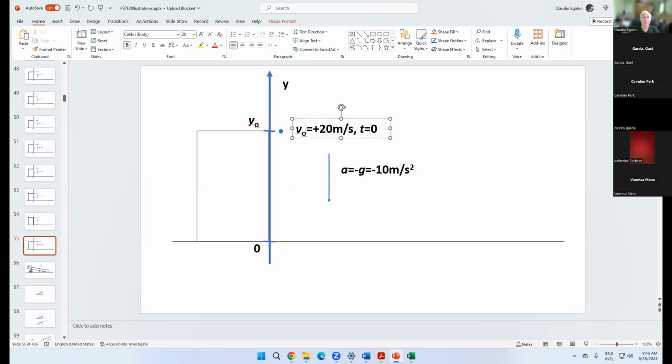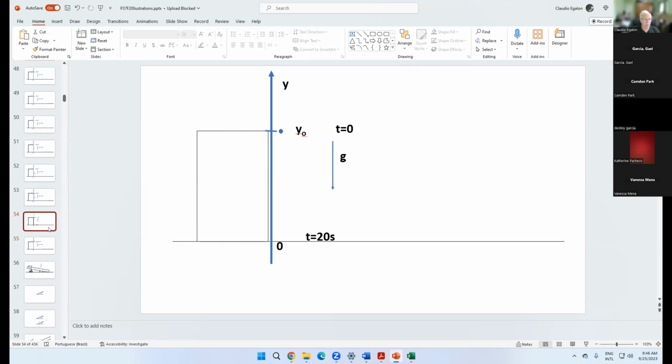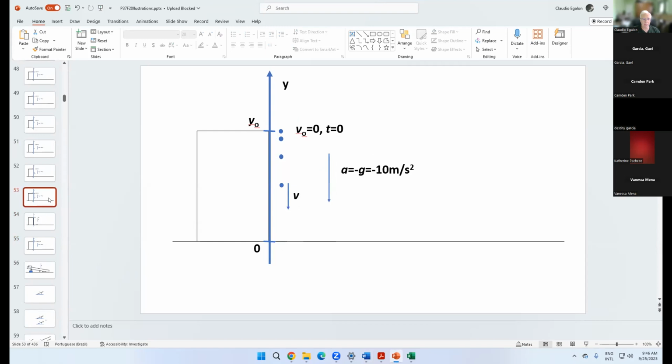Here you go. And I'm going to put my initial velocity vector upwards, just like I did in the other one. Yeah, I put it on the side, right? So let me put it on the side as well.